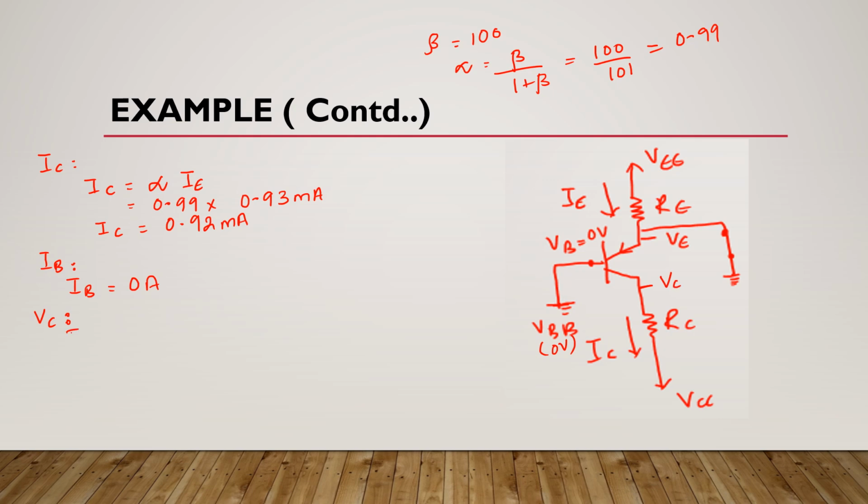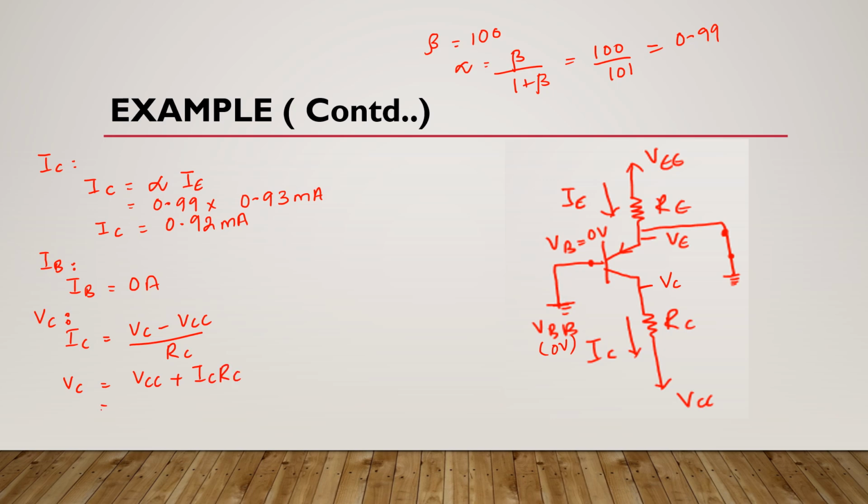It means here collector current is equal to (VC minus VCC) divided by RC. It means VC will be equal to VCC plus IC RC.